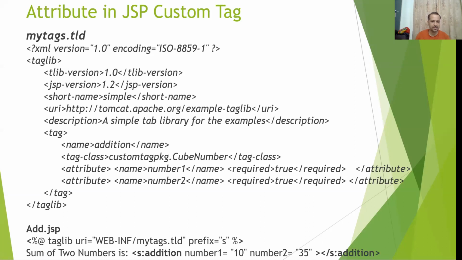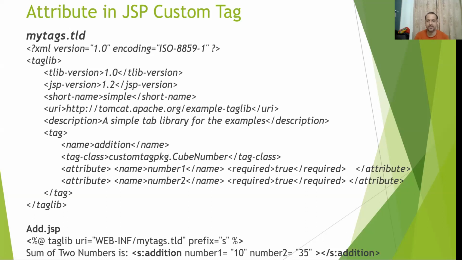The additional content is the attribute, and here I am going to define the name. The attribute name is number 1, and required is yes, which means we have to define whether the given attribute is required or not required.